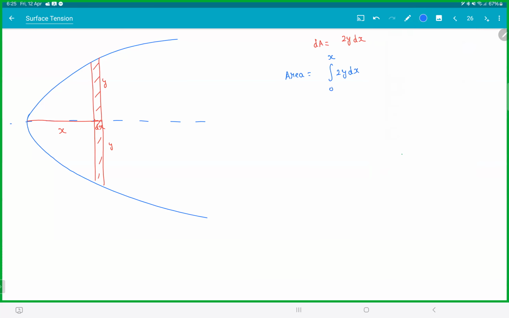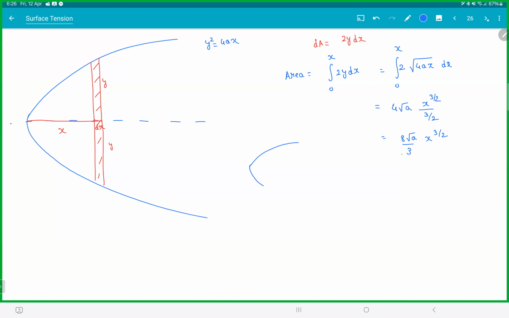And what is y? y square is 4ax. So this is simply integral from 0 to x of 2 root over 4ax dx. So 4 comes out, root a comes out, and that is root x dx. That is x power 3 by 2 divided by 3 by 2. This is 8 root a by 3 into x power 3 by 2. This is the area as a function of the x coordinate.